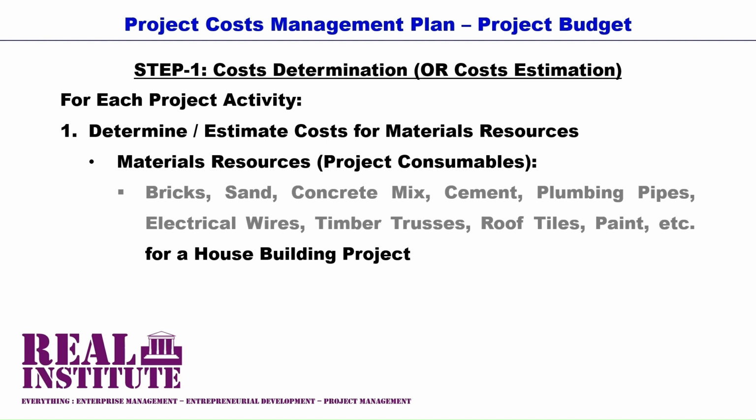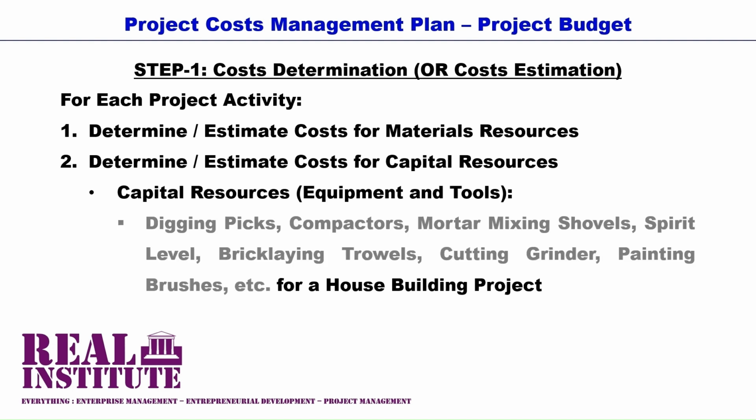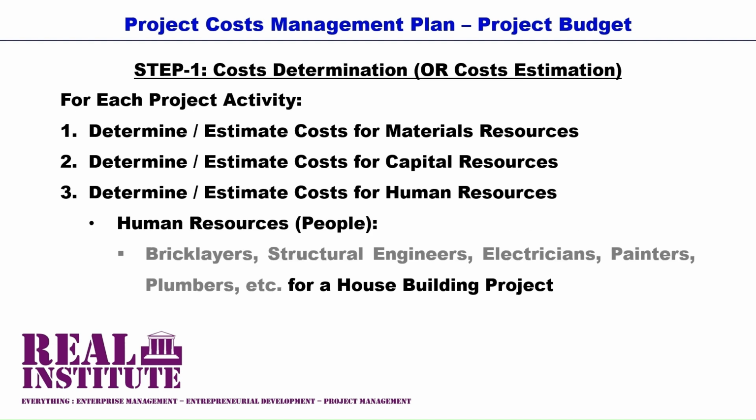Then second, there are costs for capital resources or for equipment and tools such as digging picks, compactors, mortar mixing shovels, spirit level, bricklaying trowels, cutting grinder, painting brushes, etc. And then third, there are costs for labor or for human resources, such as bricklayers, structural engineers, electricians, painters, plumbers, etc.